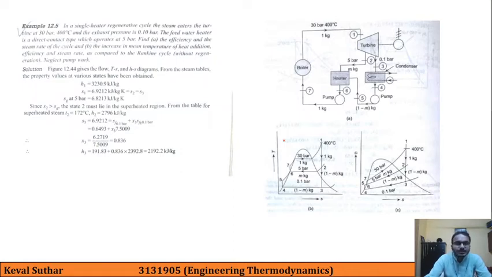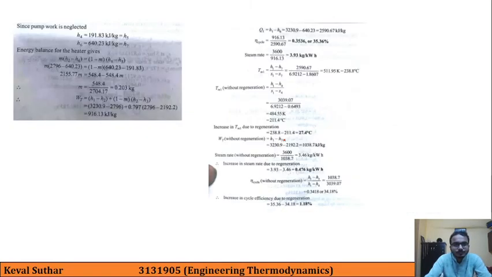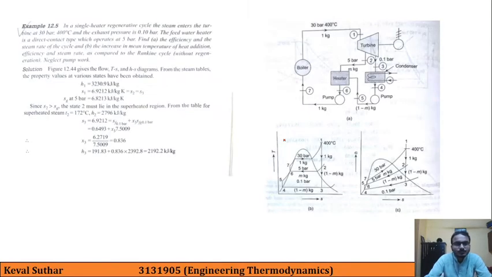Now this is our next question. In a single heater regenerative cycle, so this is the problem of regeneration, the steam enters the turbine at 30 bar and 400 degrees Celsius.